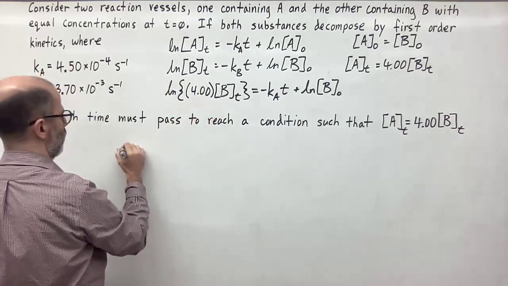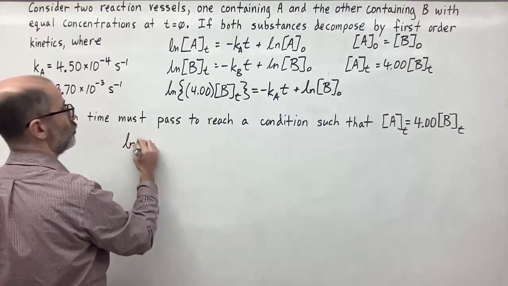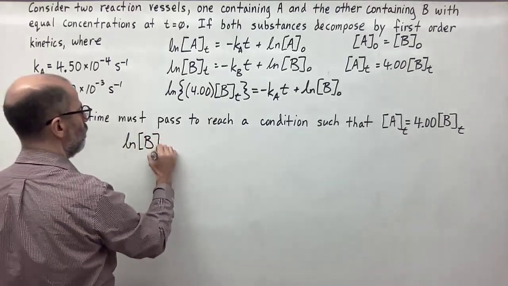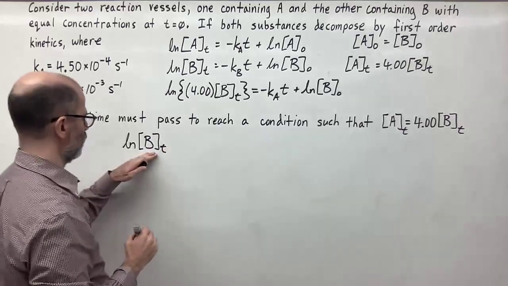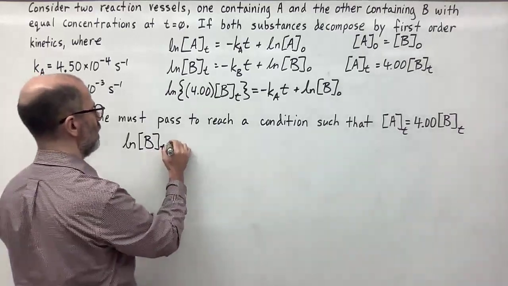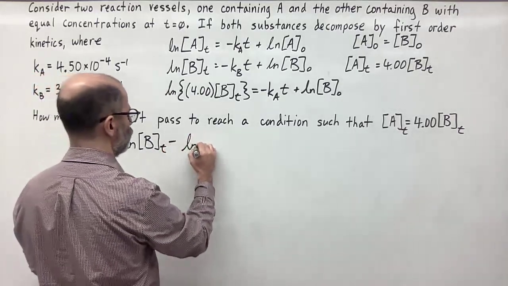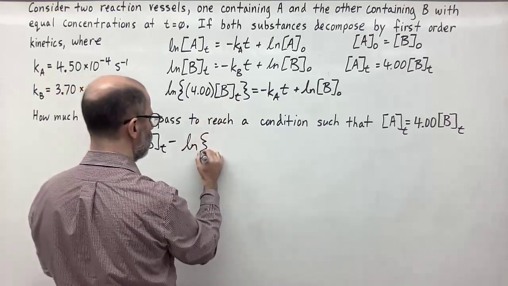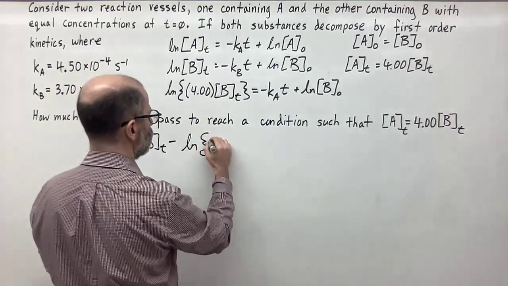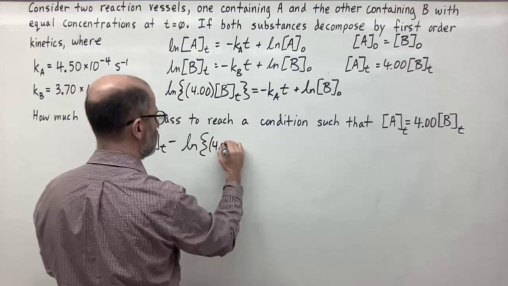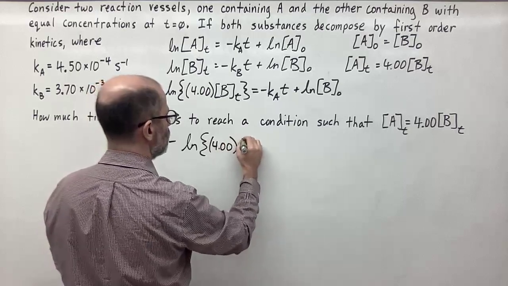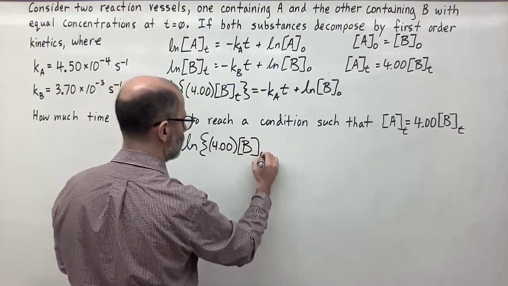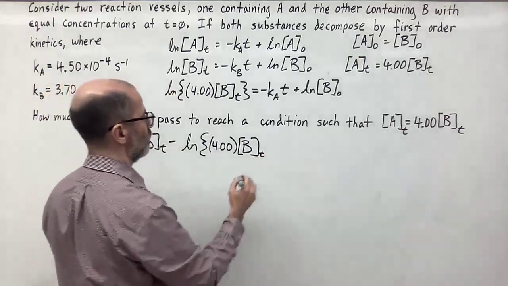So if I write that down here, I'm going to have the natural log of the concentration of B at some time t minus the natural log of 4.00 times the concentration of B at some time t.